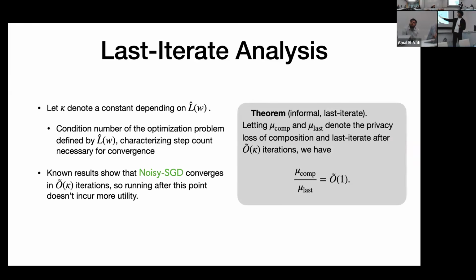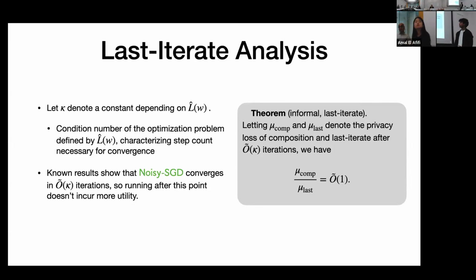Let kappa denote a constant that depends on the optimization problem, this tractable optimization problem that we're solving. This is actually the condition number of the optimization problem defined by alpha W. And known results basically show that Noisy-SGD is going to converge in about a number of iterations that's linear in the condition number. So running after this point, for some technical reasons that are maybe outside of the scope of this talk, doesn't actually incur any additional utility.